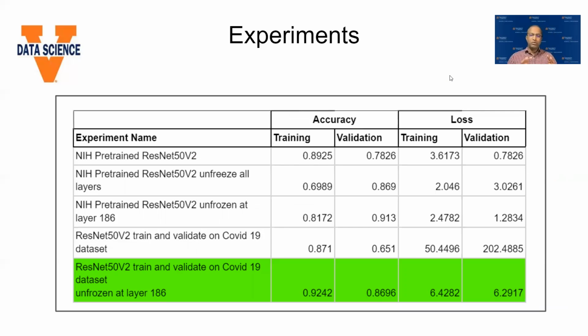Here, I'm mostly presenting the results from the model training and validation on the larger COVID data set. As Sood spoke, in our first approach on the smaller data set, we consistently saw overfitting, right? So as you can see, the first 3 rows represent the pre-trained, best performing ResNet V2 model, trained with all layers frozen, all layers unfrozen, and unfrozen at layer 186 and above.